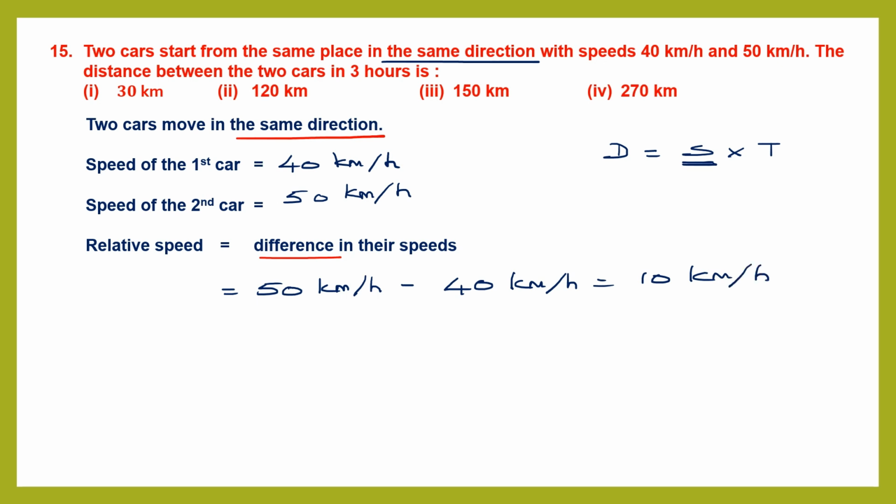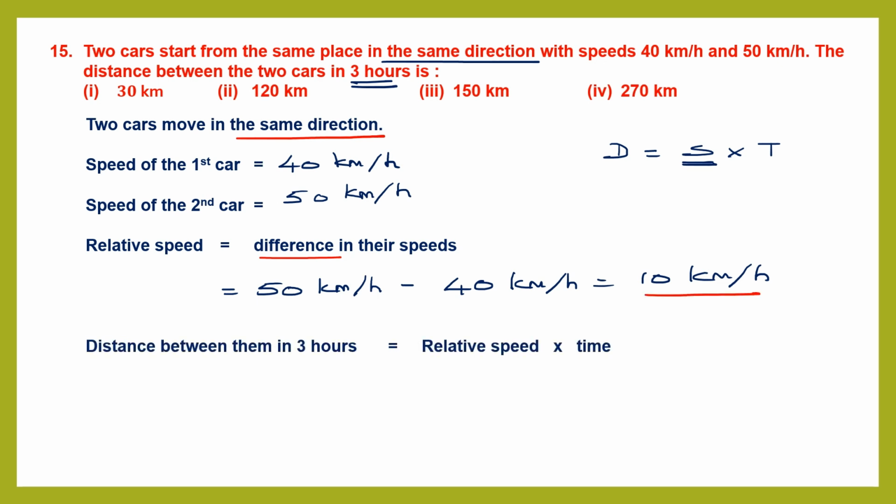So now we have the time. The time is given to us, 3 hours. We have the relative speed, which is 10 kilometers per hour. Now we can find the distance with the formula. Distance is relative speed into time. So the relative speed we just found is 10 kilometers per hour. The time is 3 hours.